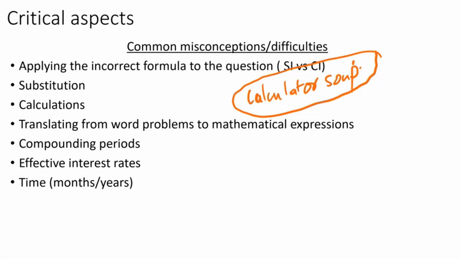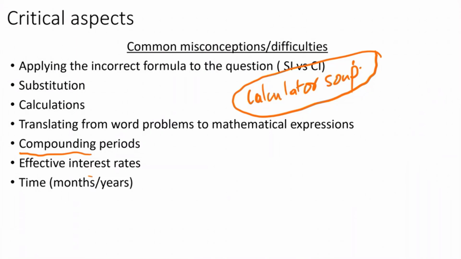And what is also important is translating word problems into mathematical expressions. Another misconception is the compounding periods. What do we mean by the compounding periods? And also the effective interest rate.